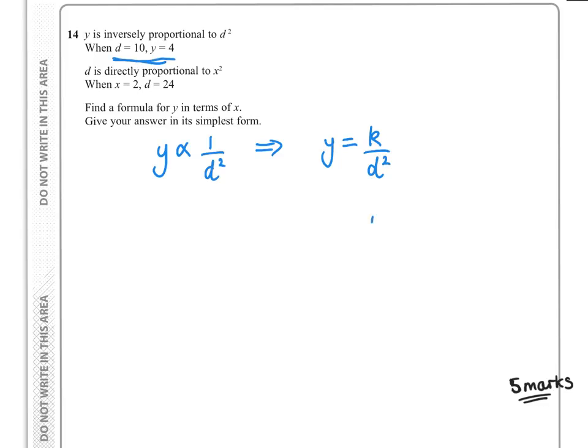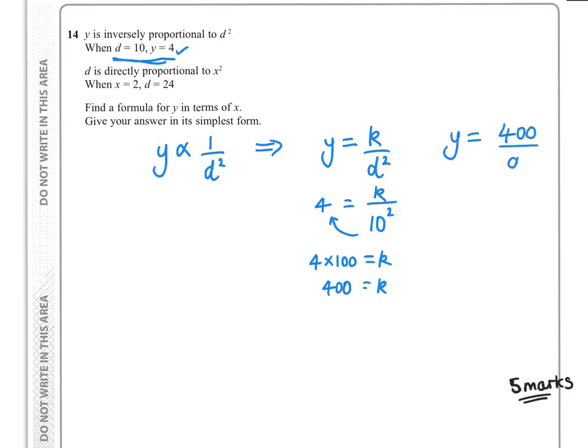So when d is 10, we've got 10 squared here. We're given y is 4. We can rearrange, so we're left with 4 times 10 squared, which is 100. And that makes k 400.